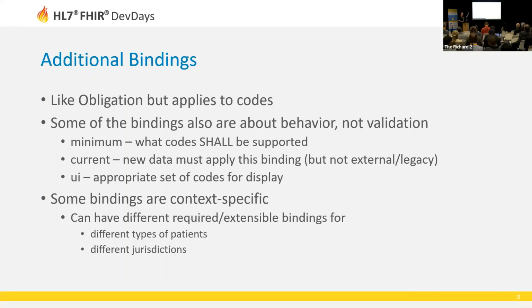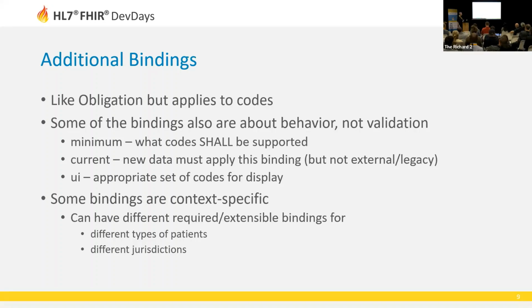Tied into obligations is another capability. This one is in core for introducing additional bindings. We've long had several extensions that allowed us to introduce bindings, but that was a little bit complicated for folks. It's similar to what we can do with obligations in that we have the ability to have additional bindings that are also context specific.